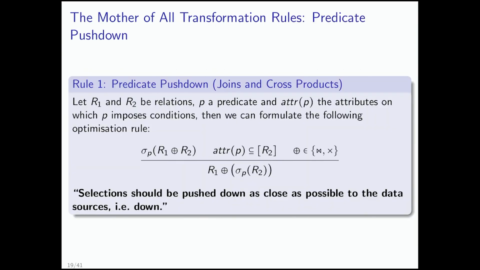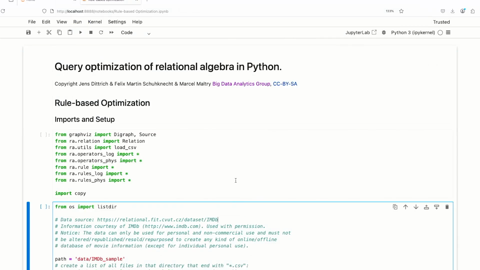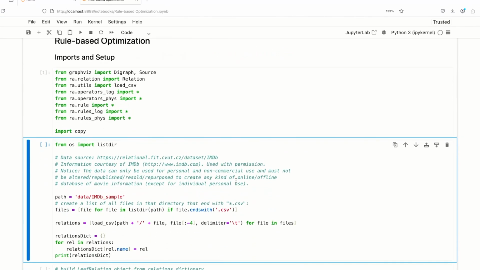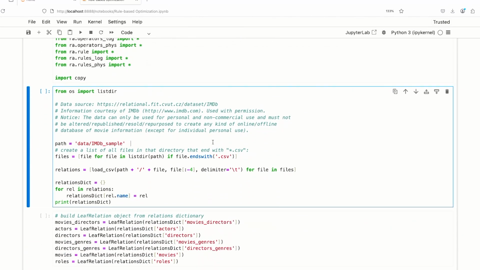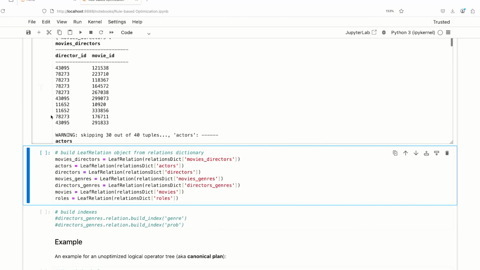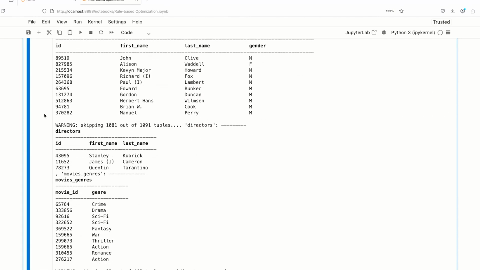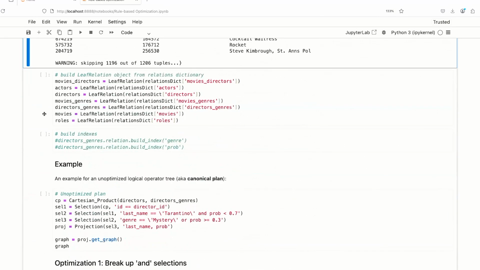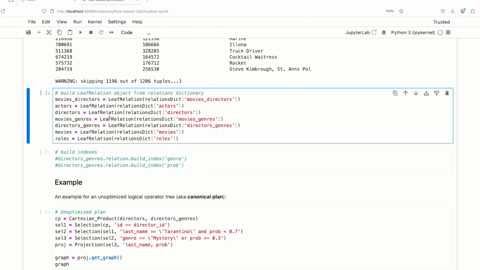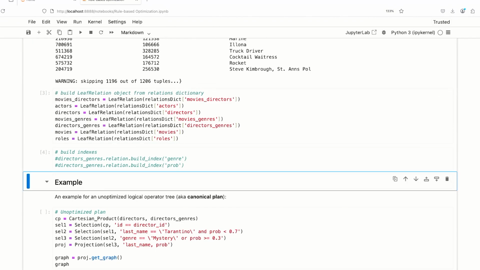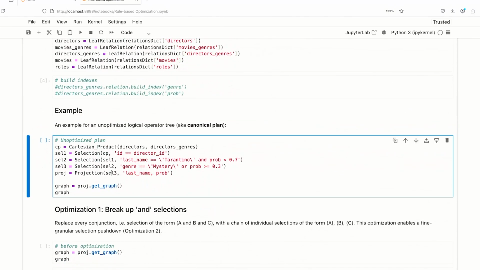And let's do that also simultaneously in the notebook. I have a really nice notebook on that, where you see that in action. So we use the relational algebra library as in previous lectures. Again, the IMDb snapshot with some sample data. I don't have to show that again. So we have our relations. Indexes we don't need here.